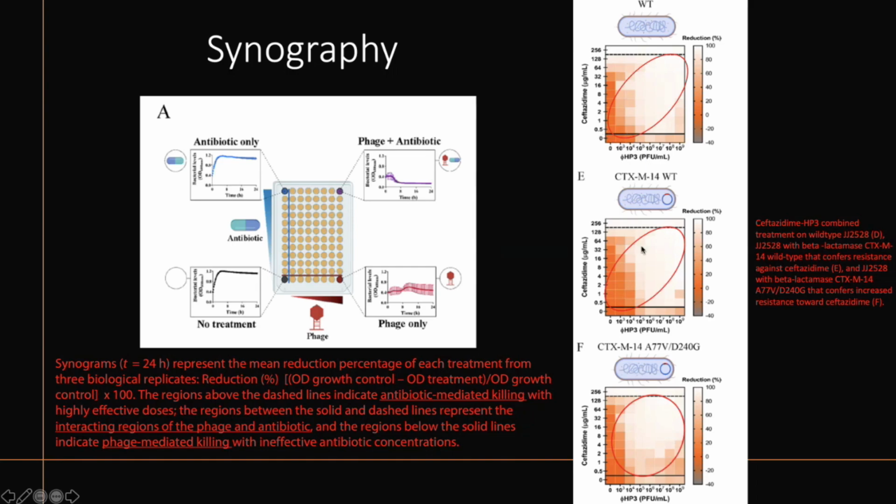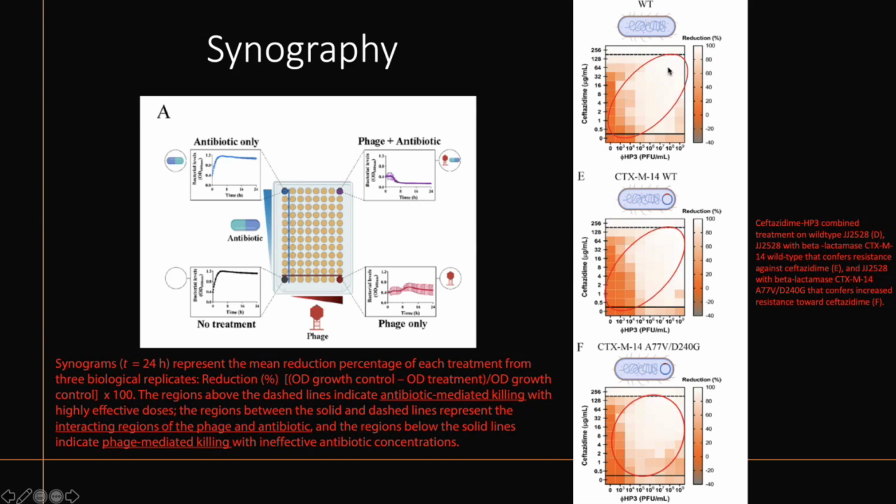And this is just to show you an example of what I mean by this. Here, this is the phage, the Mayo HP3 phage. That's the name of this phage. And this is the antibiotic ceftazidime. You can see that they created a heat map using optical densities to determine the synergy between the different combinations of this phage and this antibiotic. And you can see on this side right here the scale of percent reduction in the optical density, meaning the growth curve for that bacterium.